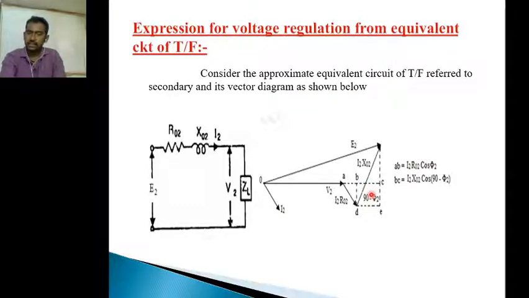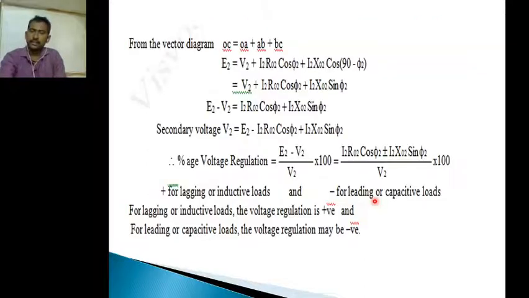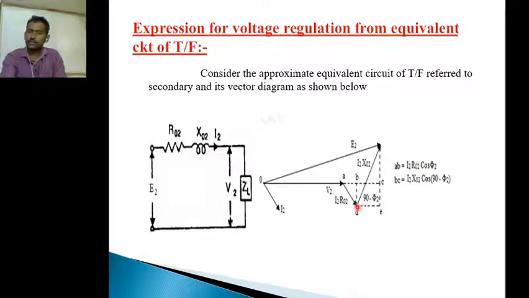If you consider the right angle triangle, then the BC length is I2 into X02 into cos of 90 minus phi 2.